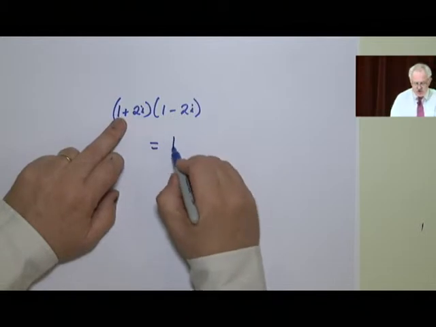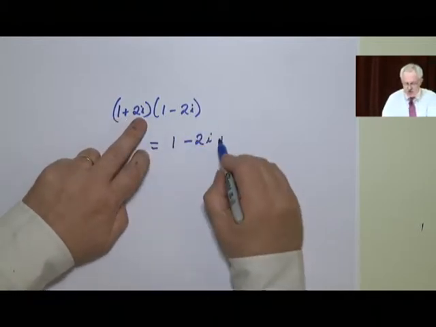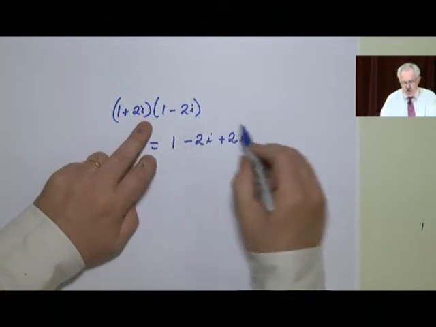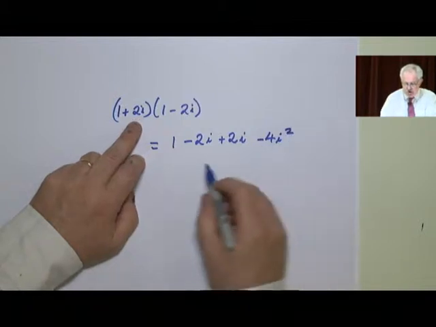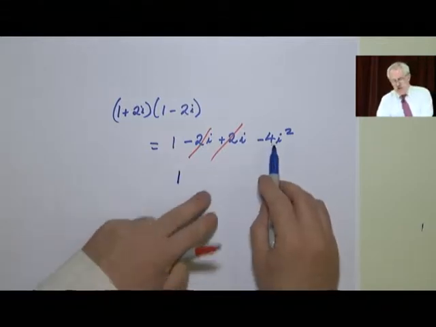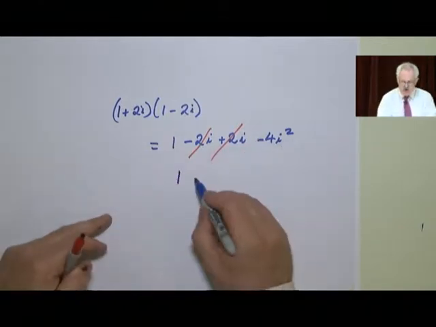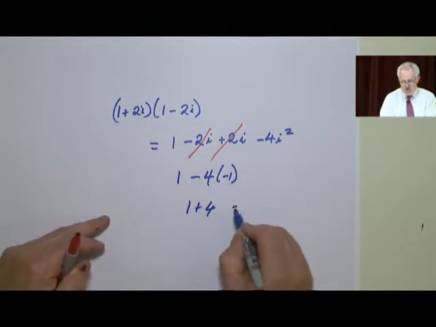So 1 by 1 is 1, 1 by 2i is minus 2i, 2i by 1 is plus 2i, and 2i by 2i is 4i squared, with a minus before it. So now we look at this and we say, they cancel. We're left with 1. The i squared is minus 1, so that's really 4 times minus 1. That's going to be 1 plus 4, which is 5.